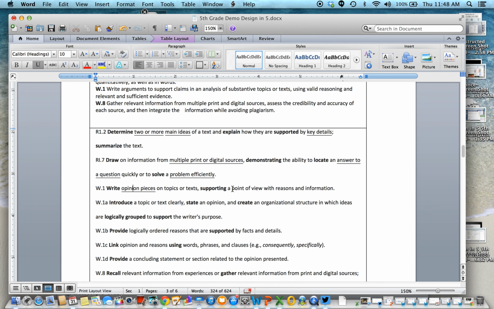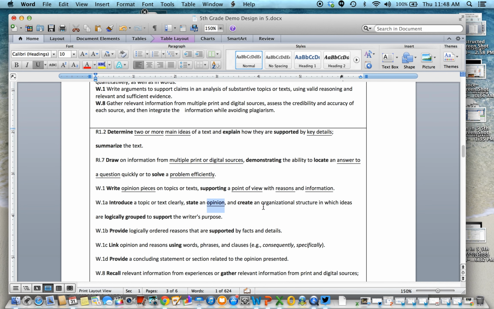So they have to support a point of view. That's a vocabulary word they're going to need to know. And of course, reasoning and information. Okay. Then they're going to introduce a topic or a text clearly and state an opinion. Now this is leading us to the criteria that we're going to need to use for that summative assessment.